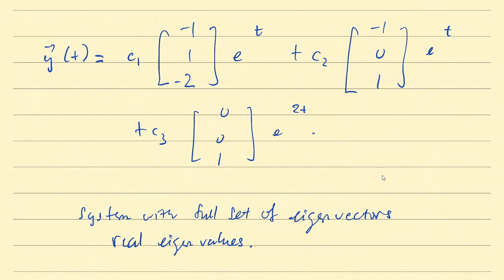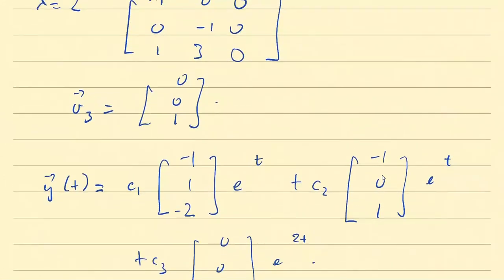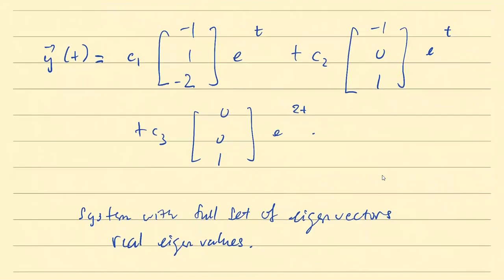Those of you who might have heard of this: when we say repeated eigenvalues, we tend to refer to the algebraic multiplicity, meaning the multiplicity when you solve the equation determinant of A minus lambda I equals 0. What really matters is the geometric multiplicity of the eigenvalue, in other words, how many eigenvectors it really has.